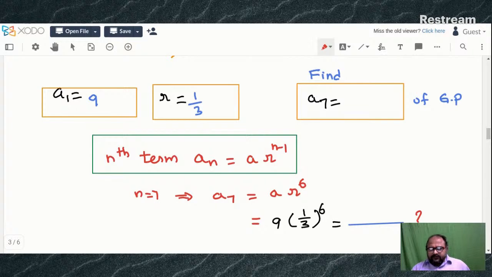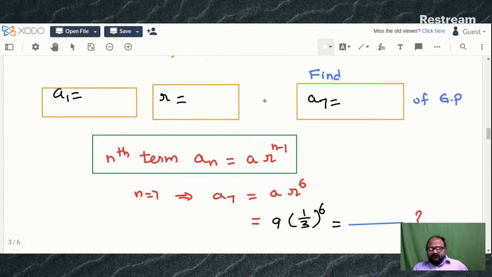Now another problem is given. First term is minus 12 and R equal to 1 by 3. After the completion of this problem, let us consider another problem in the same model.